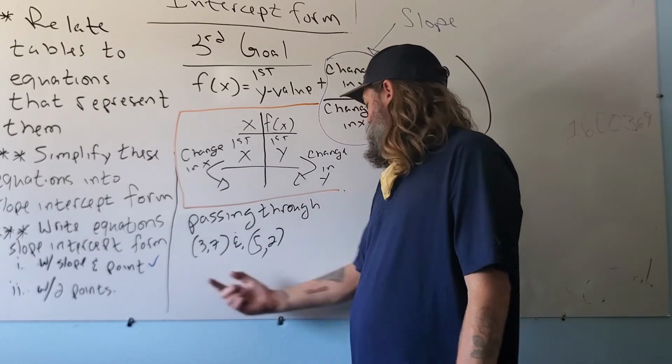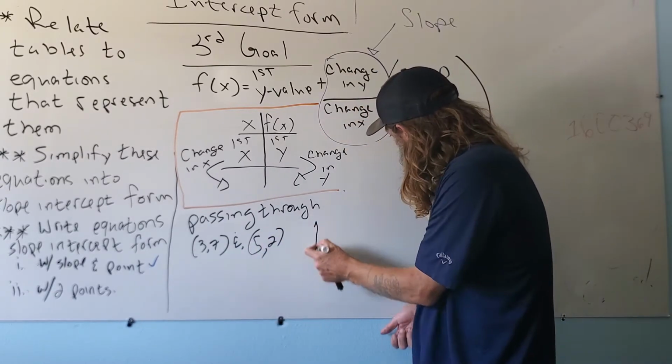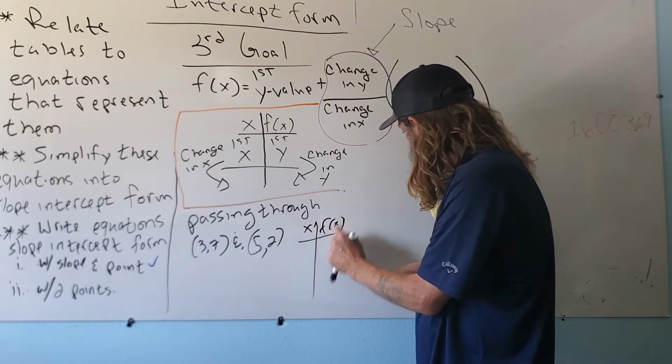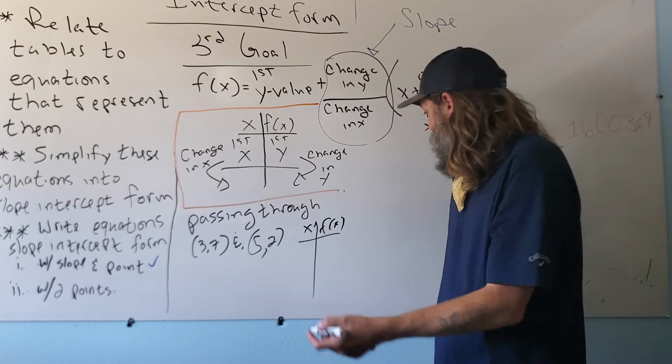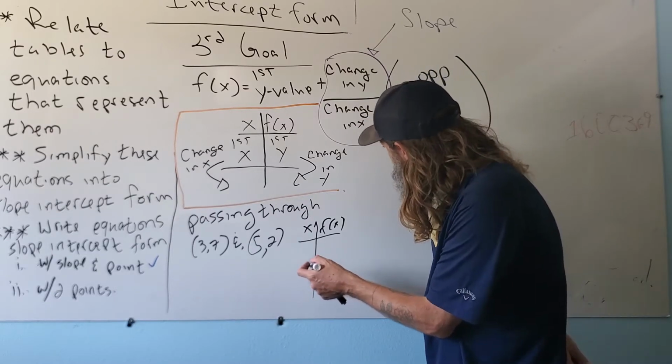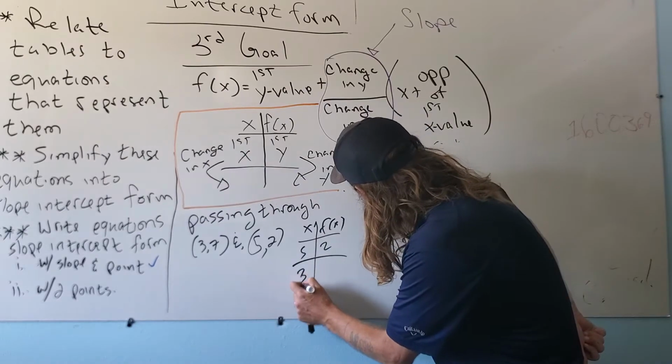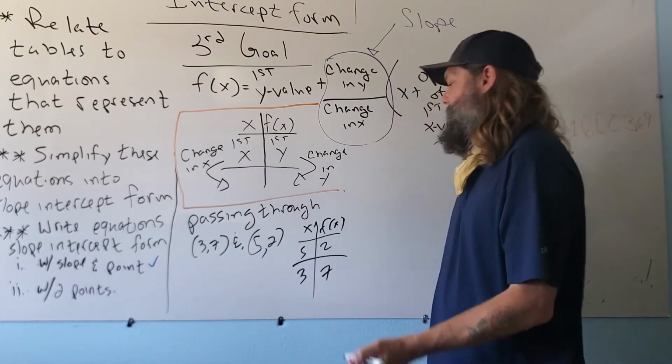It doesn't matter which point we put on the top. It really doesn't. So my x and my f of x: 5 and 2, and 3 and 7.